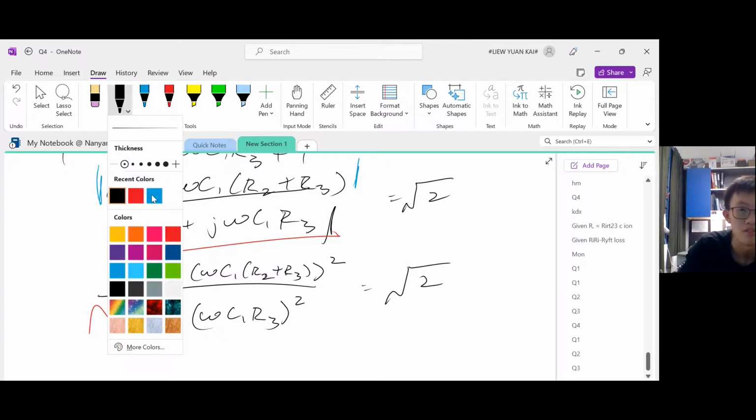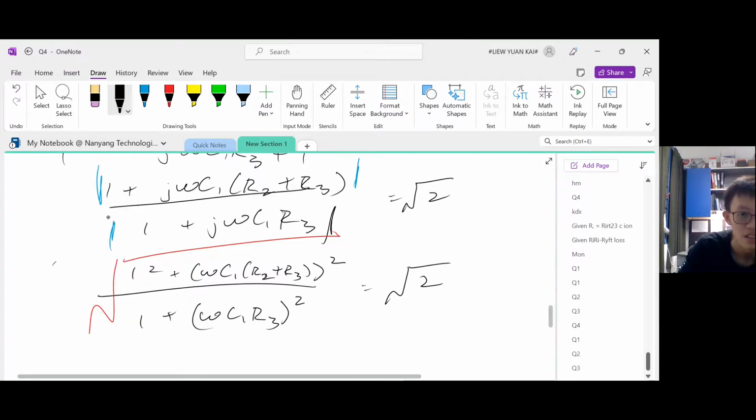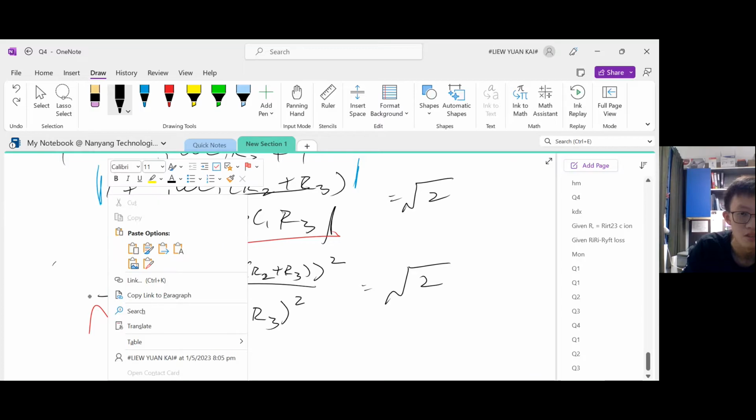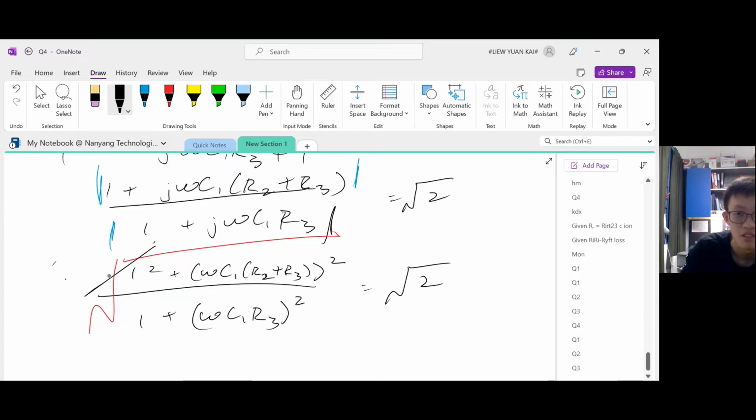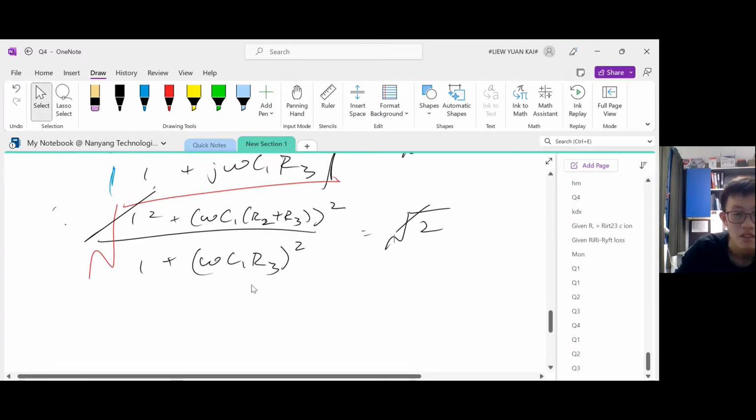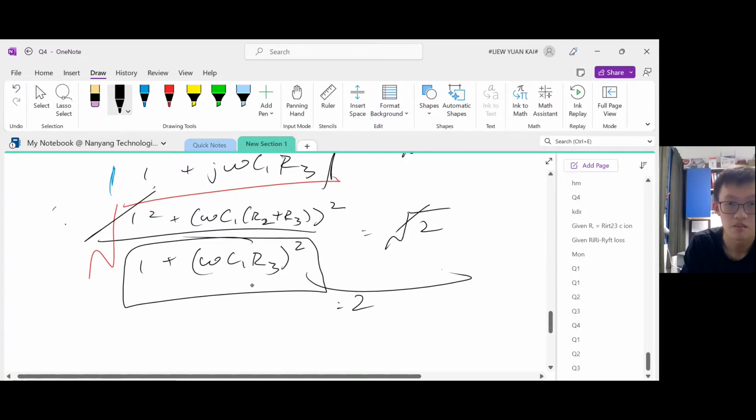And then we can square both sides of this equation, right? If you square both sides, you can drop away the square root. So I can drop away the square root and drop away the square root. I should be able to get this to, and then after dropping away the square root, you can multiply it to this side.